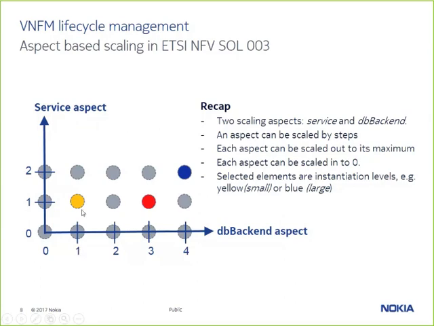There are also certain selected elements which we call instantiation levels, and that also helps the user to instantiate a VNF on a certain instantiation level. For example, the yellow one is a small VNF, while the blue one is a large VNF.